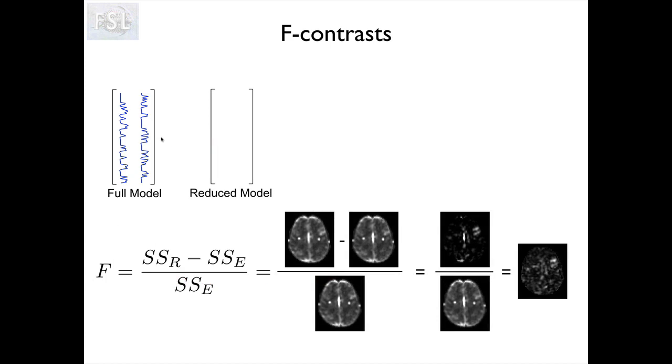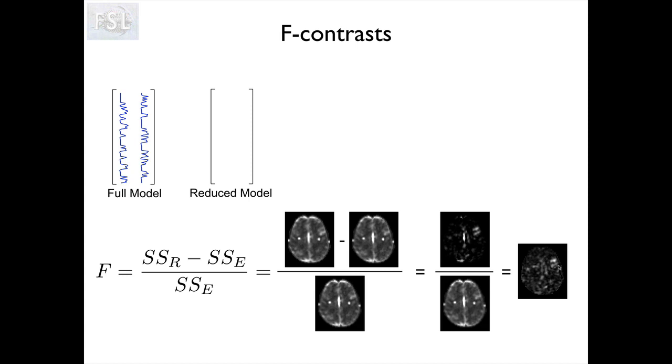So again, we have the full model, we have the reduced model, and we have the sum of squares from the reduced model minus the sum of squares for the full model. You can see here that the sum of squares looks to be larger here compared to here. When we subtract this from this, we can see this area here. And again, we see the same area as before activated.